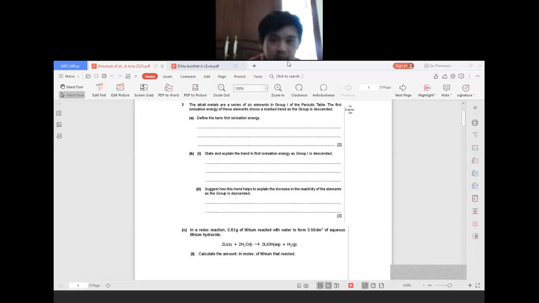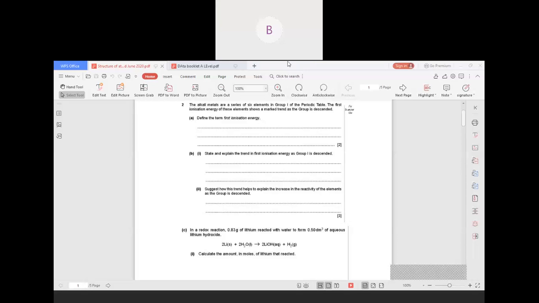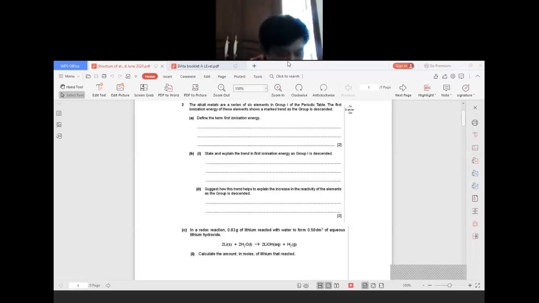Why does it decrease? Because there is more electron shell. If there is more electron shell, what is happening? The radius increases, and then what is happening?